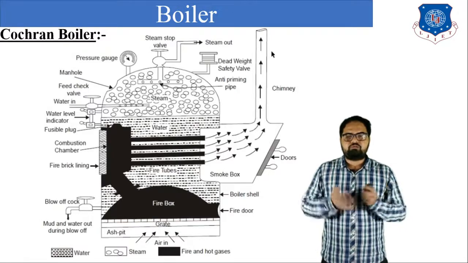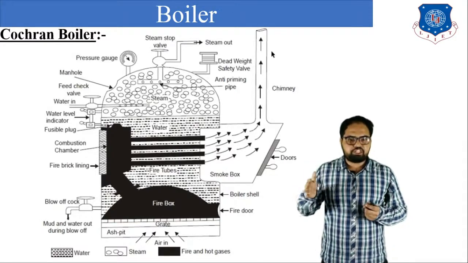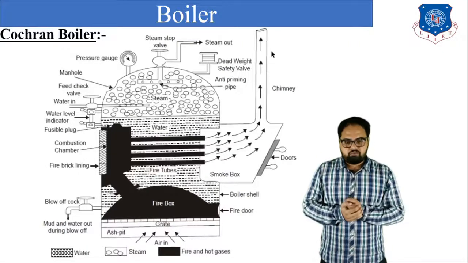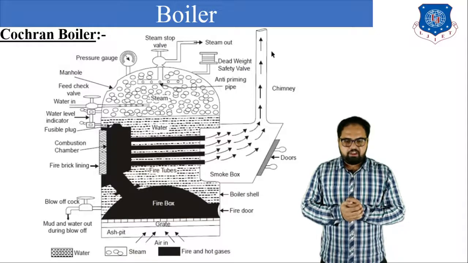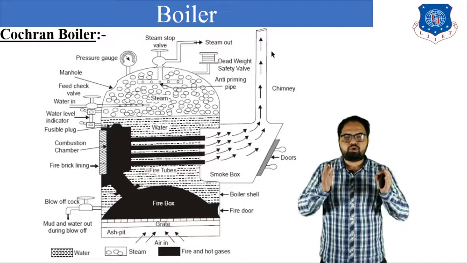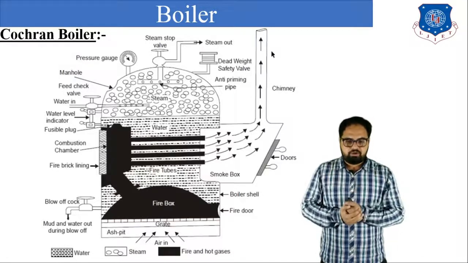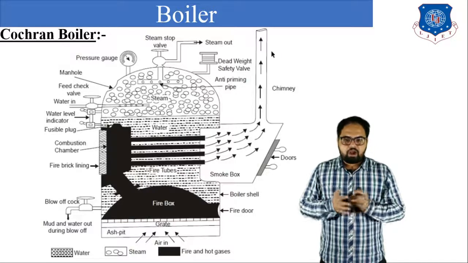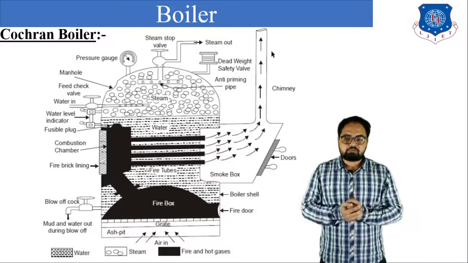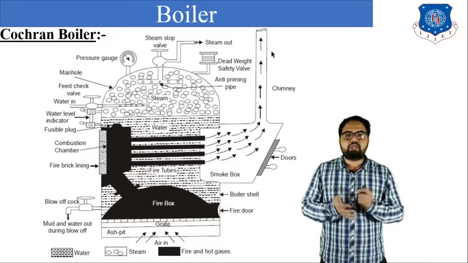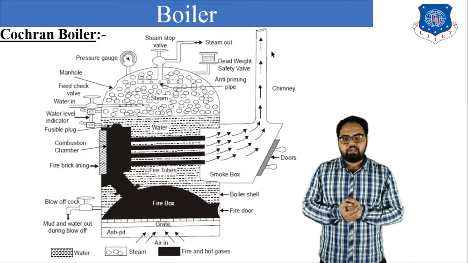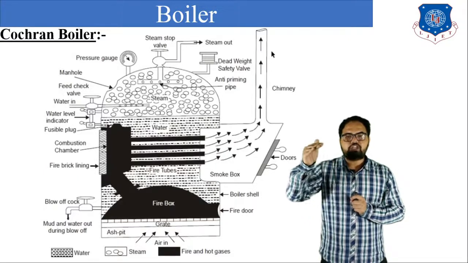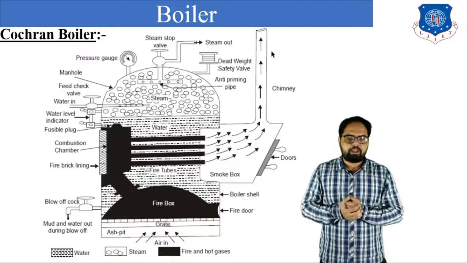First of all, with the help of the feed check valve, the boiler is completely filled with water. After that, the necessary amount of coal is introduced to the furnace and combustion of coal takes place. Hot flue gases are generated, and they are transferred to the combustion chamber through the short flue pipe.